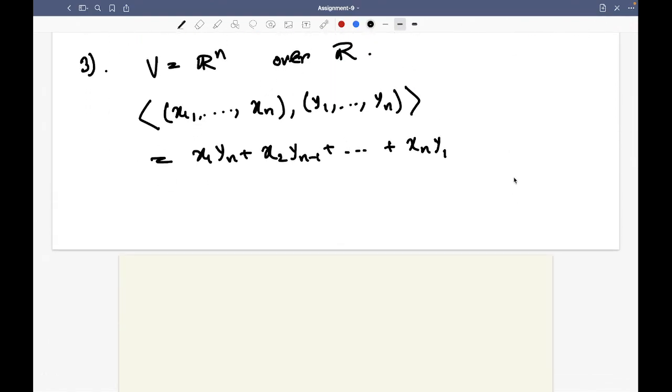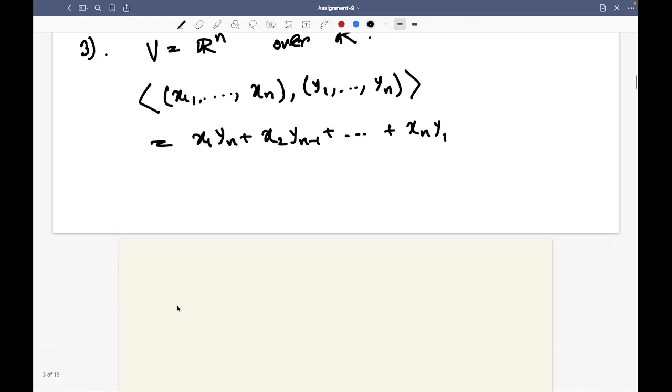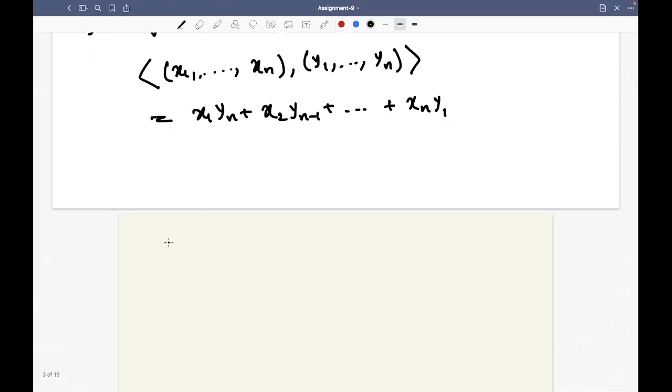Again we show that this is not an inner product space. So again we check condition number 3: take a vector and show it does not satisfy the positivity condition. So let's take the vector v equal to (1, 0, 0, 0, ..., 0).